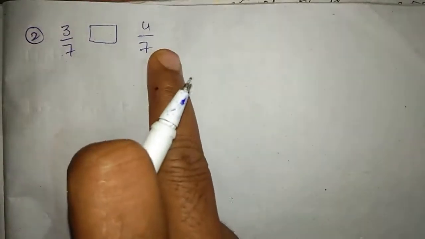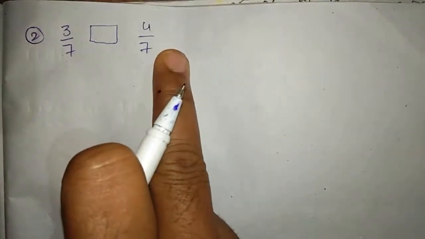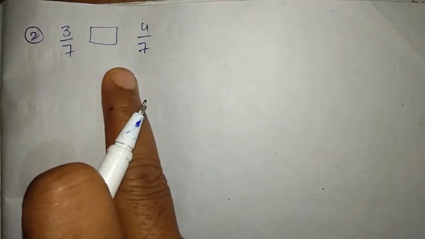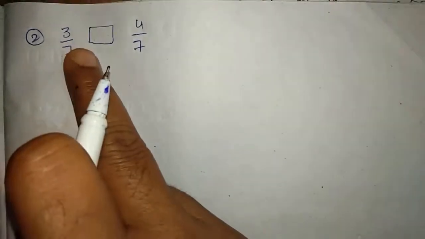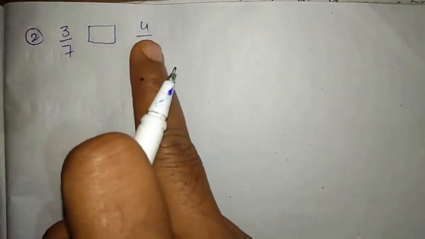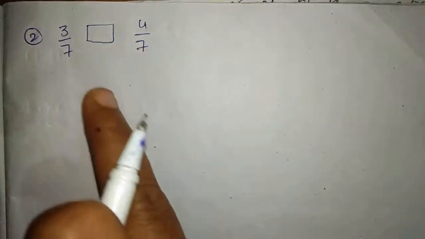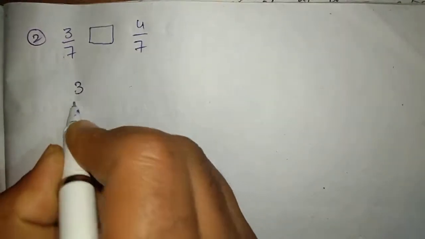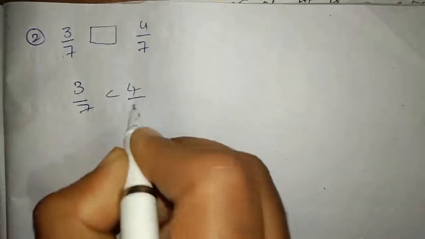These are also like fractions because the denominators are equal. So we can compare the numerators. 3 is less than 4. So we can write 3 by 7 is less than 4 by 7.